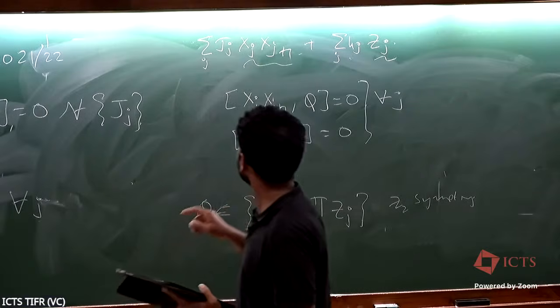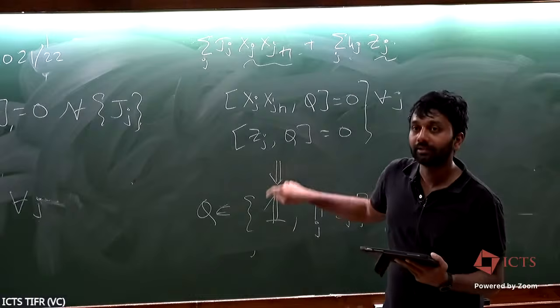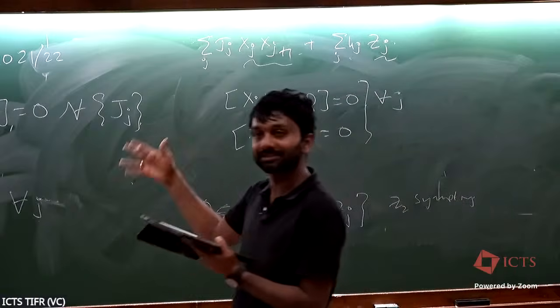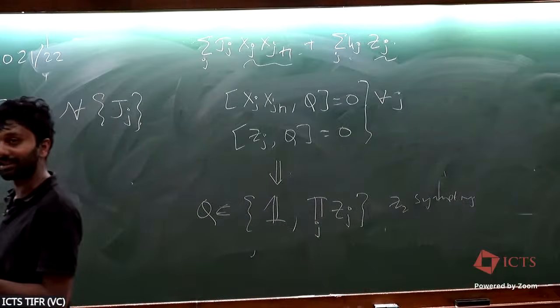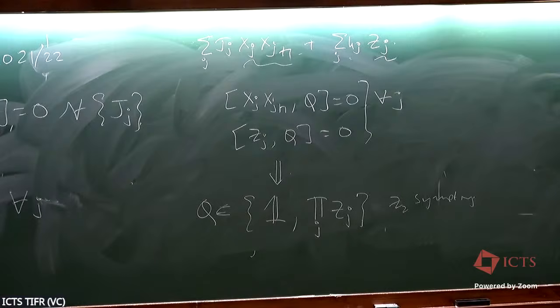Common eigenvectors of which? Yeah, it turns out that is the representation theory of these algebras, and I'll explain that in a bit more detail, but I just want to give some examples today.